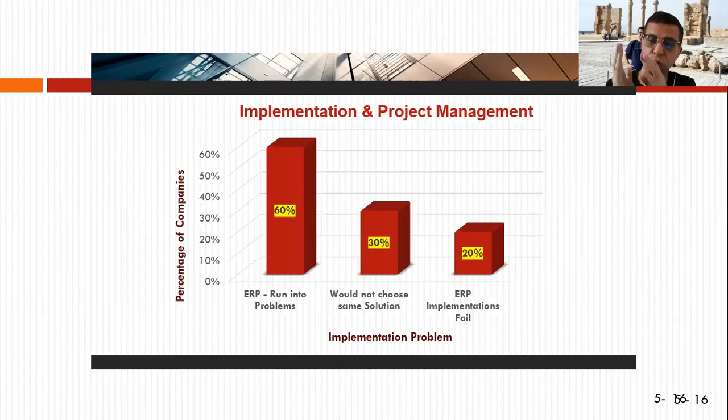industries, could be more in other industries or less, 60% would run into a problem, 30% would not select the same solution. And the reason is because they have utilized somebody else's knowledge, probably an outsider who has some bias, or a salesperson who's trying to sell you the equipment or certain thing.